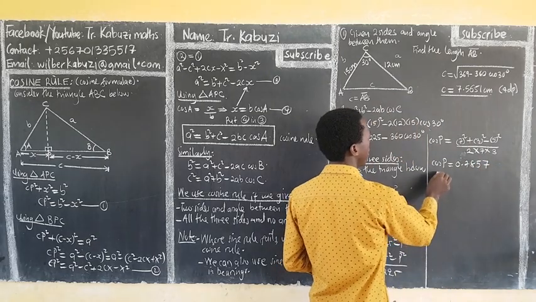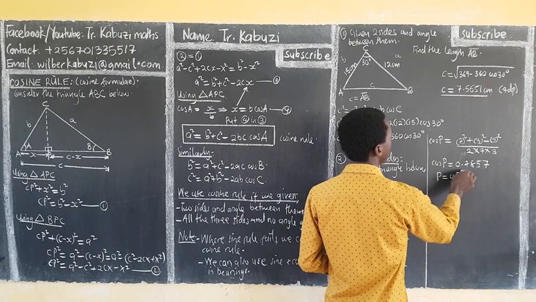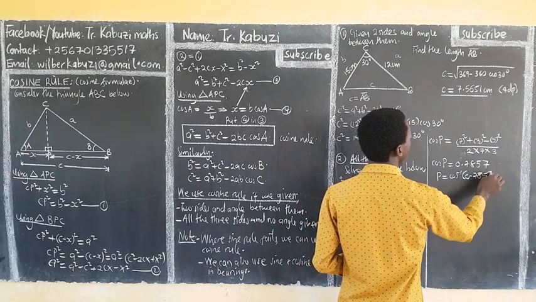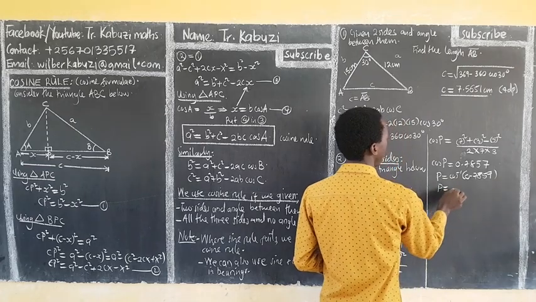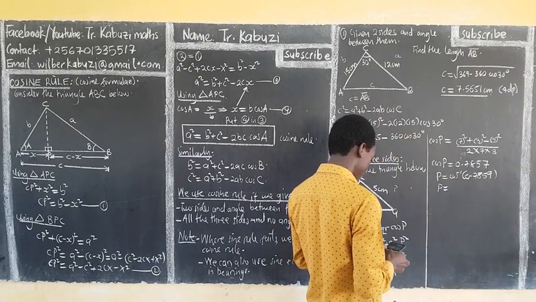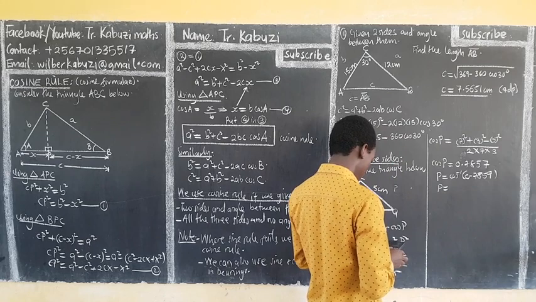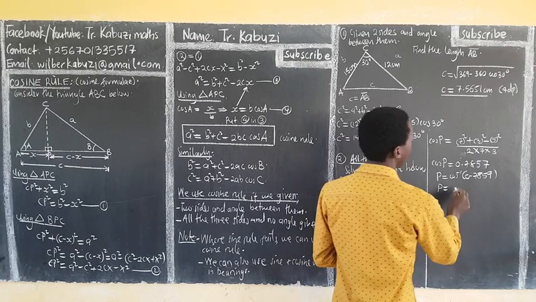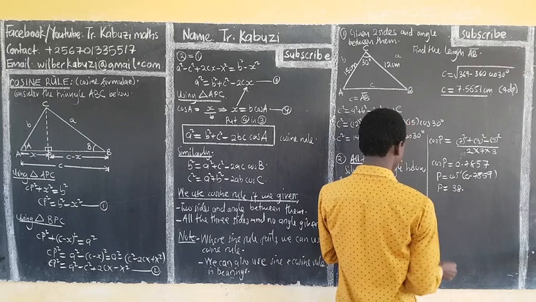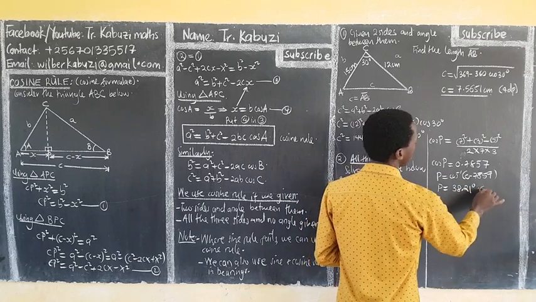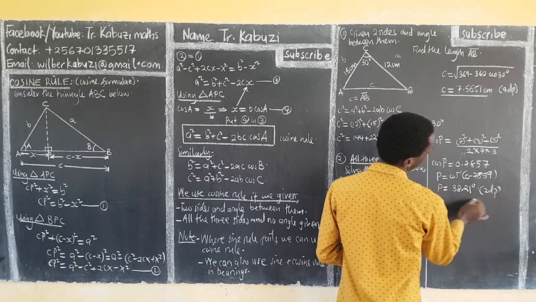Then you get your P as cos inverse of 0.7857. And so our P becomes 38.21. We give angles to 2 decimal places.